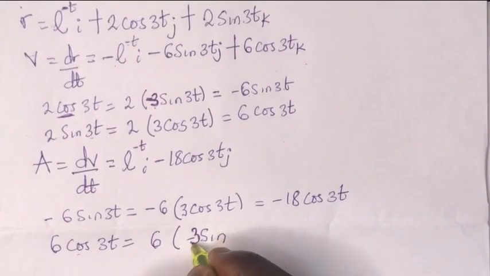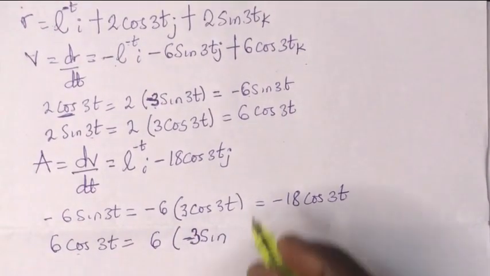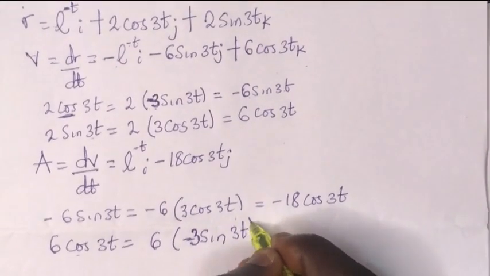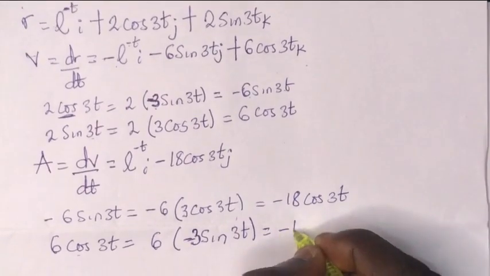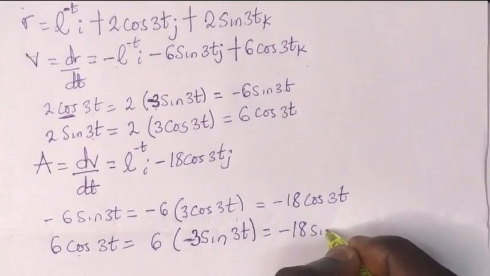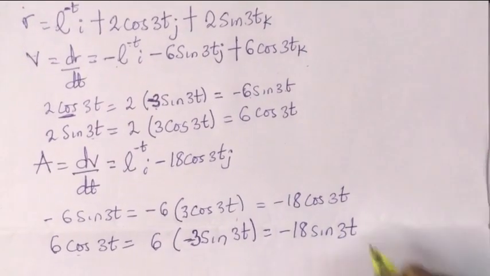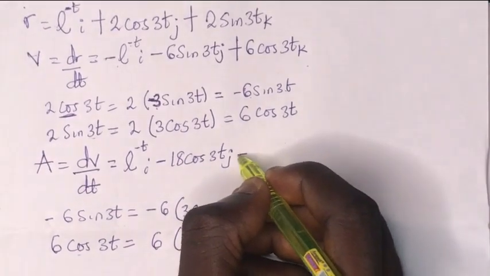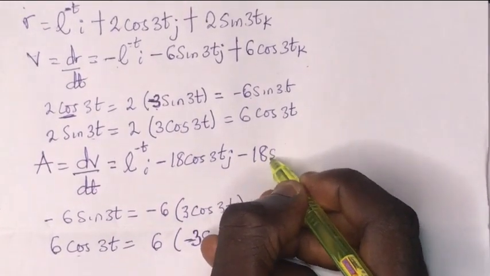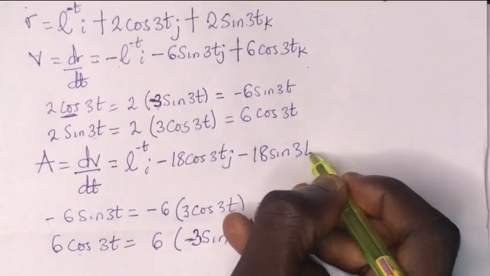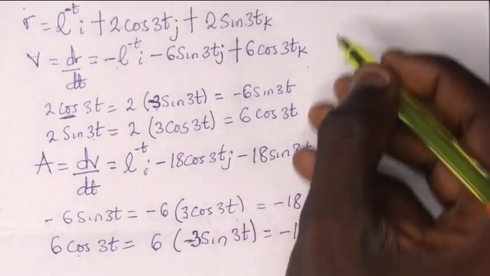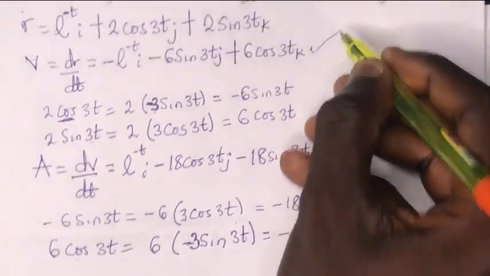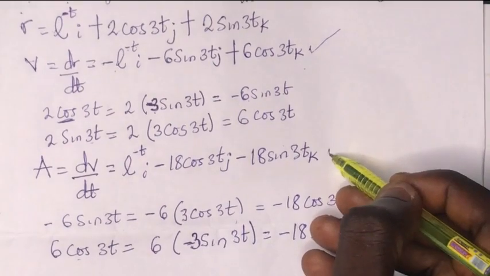It has to be in front of the minus, then your 3t back. This times this will give us minus 18 sine 3t. So this place will become minus 18 sine 3t k. So that will be our final answer. Our velocity here is this, and our acceleration is this.